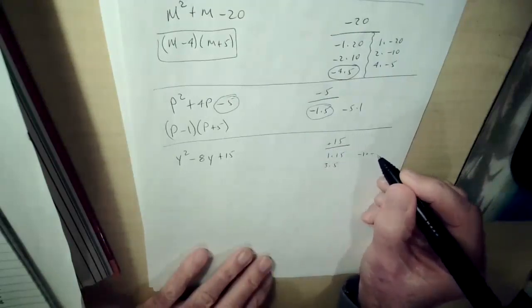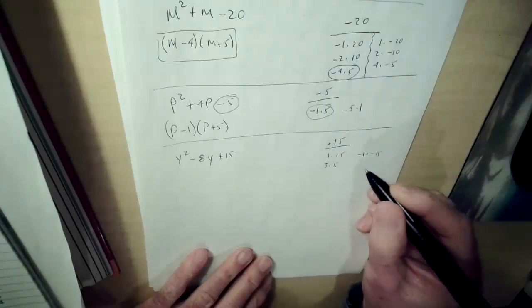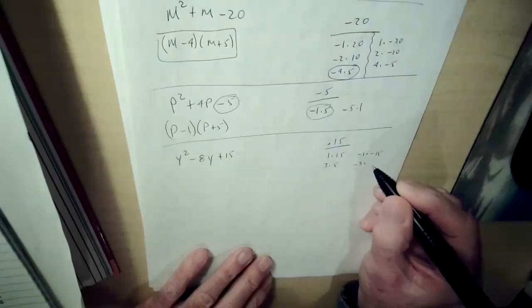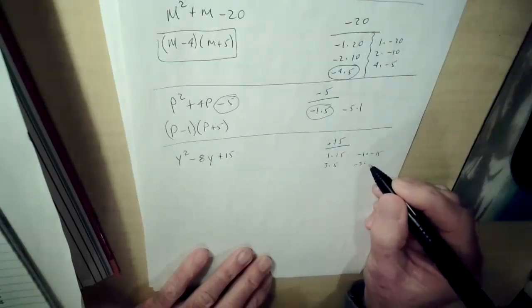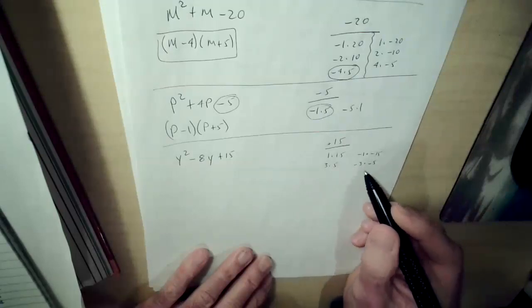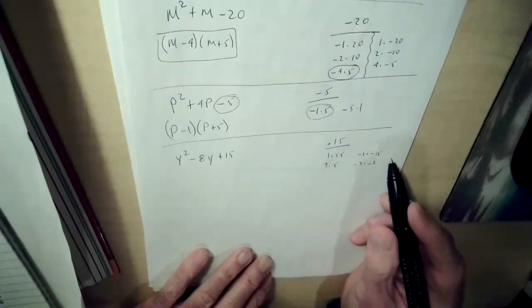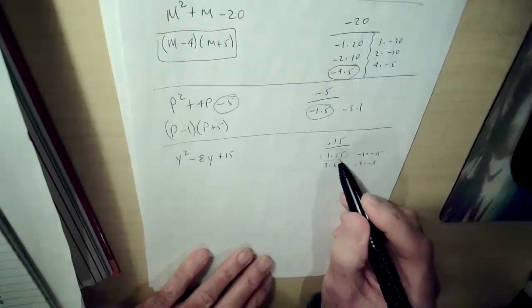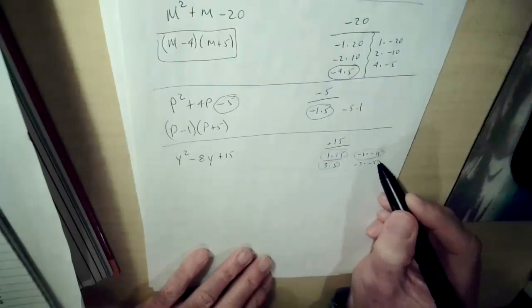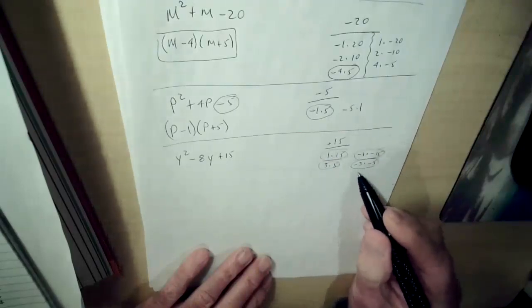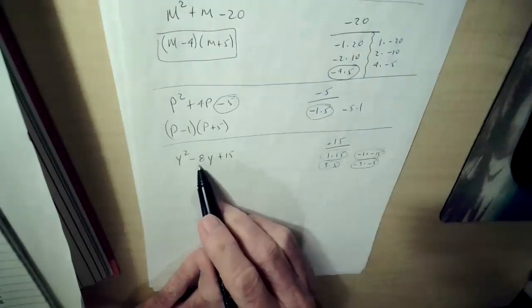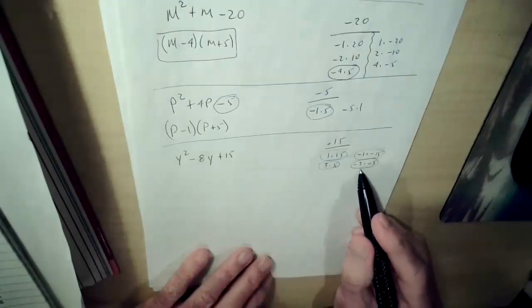That's all. How else can you get a positive 15? Negative 1 times negative 15. No. Negative 3 times negative 5. Now, which two of these factors?